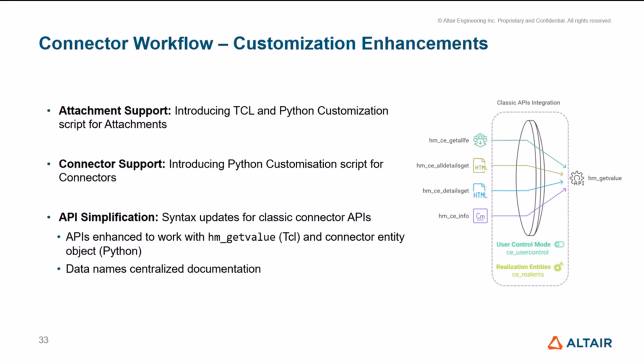Historically, much connector information was accessible through query commands or HM underscore commands, as we know them. Today, you can access that information through data names, which means that through the Python API, you have access to them as entity attributes. So once you have the connector object, you can straight away query a lot of useful information on that object.